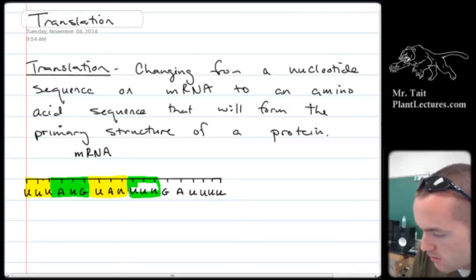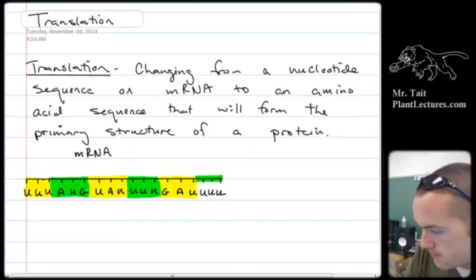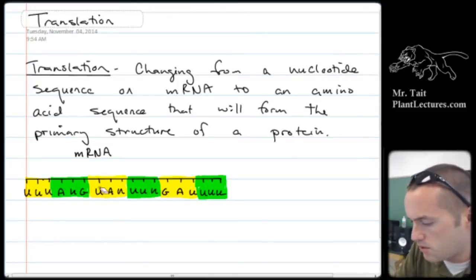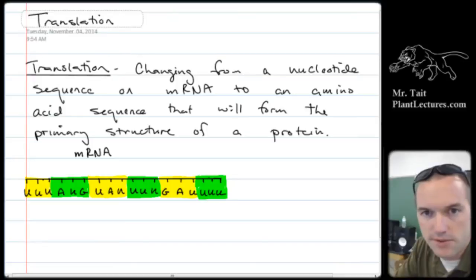You get the idea what I'm going for here. Another one next to that, and one next to that. Okay, so we can just count really simply here, and we can say 1, 2, 3, 4, 5, 6 codons. That's going to correspond to 6 different amino acids, right?